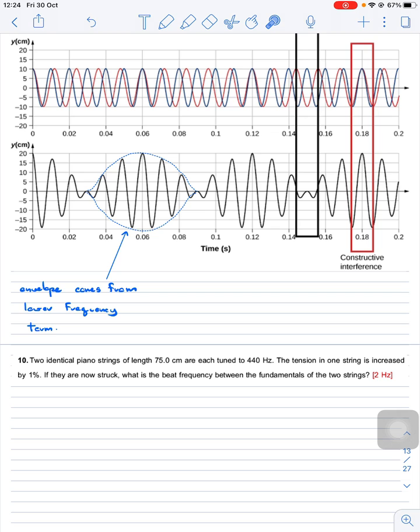Why? Because compared to this detail, the period here is larger. And if the period is large, it means that the frequency should be lower.